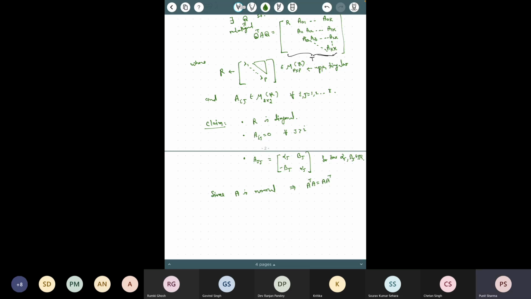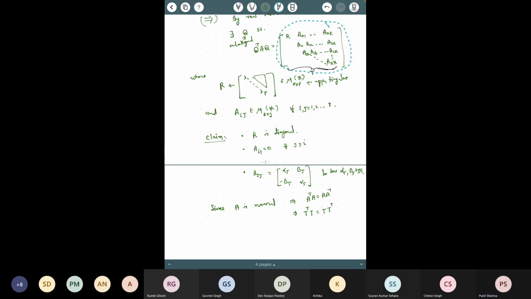Now A is normal implies that T is normal. Okay. So what is T? T is this one here. So A is normal implies T is normal. Now T is normal means T transpose T is equal to T T transpose.